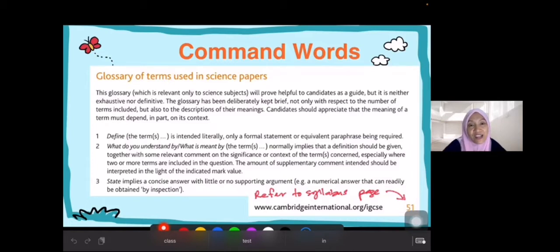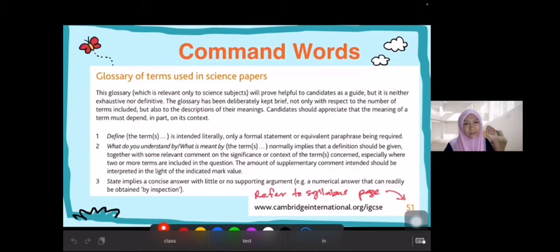Boleh je insyaAllah. Okay, so untuk faham teknik menjawab paper 4, first you kena understand apakah question tersebut. Cara nak jawab kena sesuai dengan, kena faham apakah command words yang ada dalam question tersebut. Command words is the kepala question yang ada pada satu-satu soalan tu.